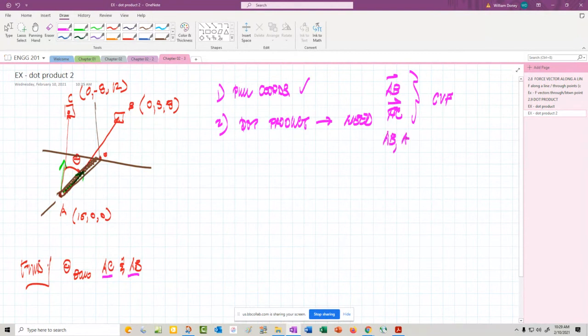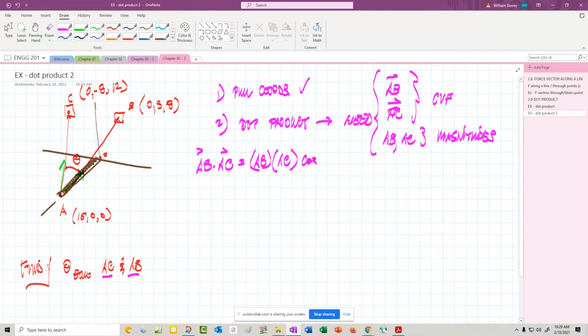And we need AB, AC magnitudes, because both of those are necessary for us to do the dot product, right? AB dot AC has to equal the magnitude of AB times the magnitude of AC, and then we get the cosine of the angle between. And since we're looking for that, we have to know everything else. All right, so we have to build those.